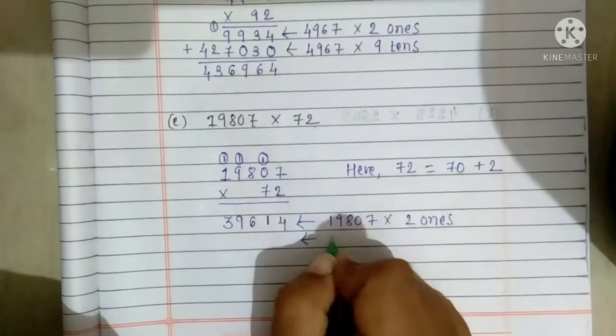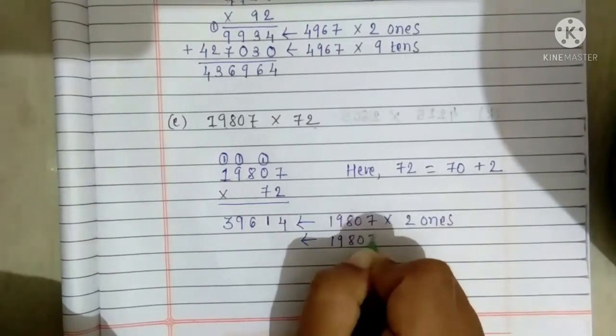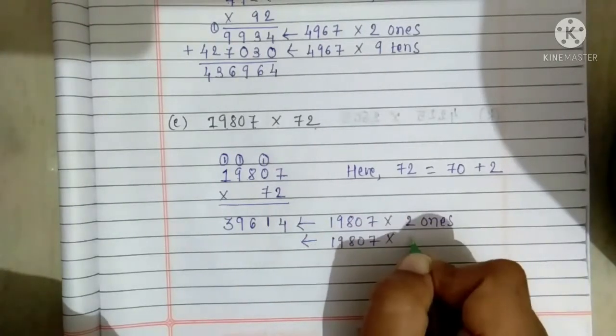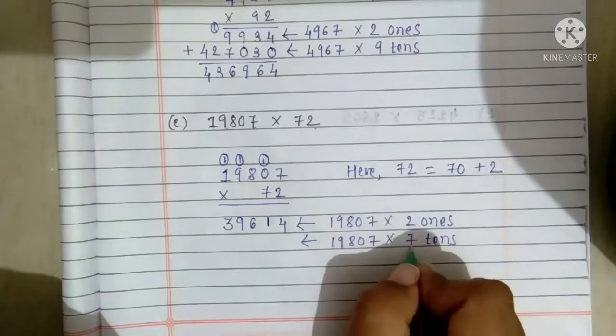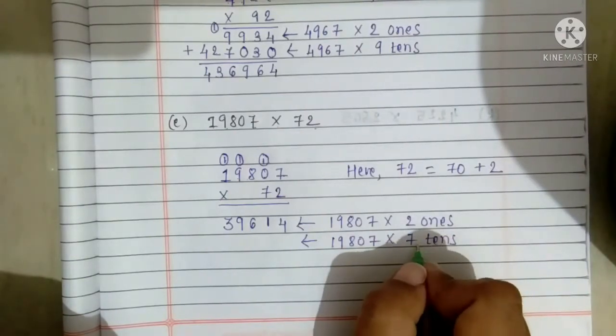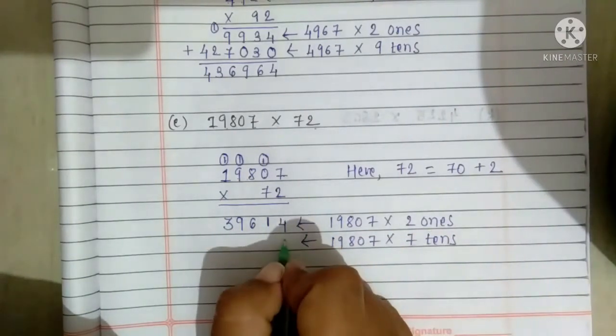Next we multiply 19,807 by 7 tenths. 7 tenths it means 70. So 17 का 0.